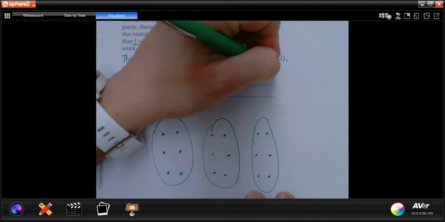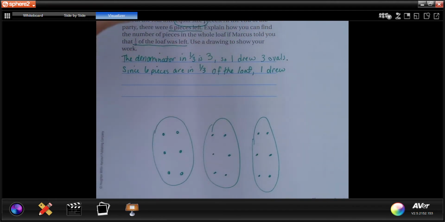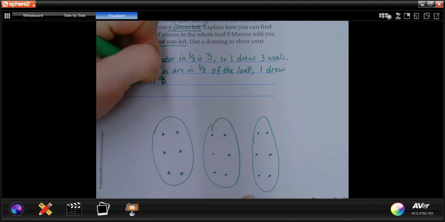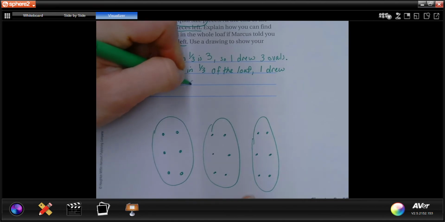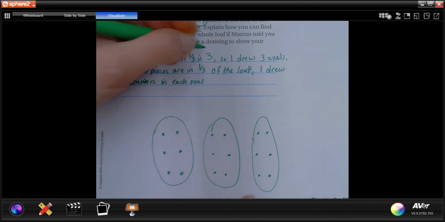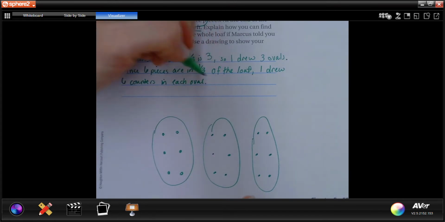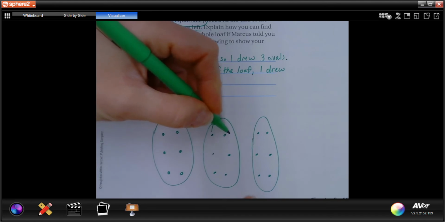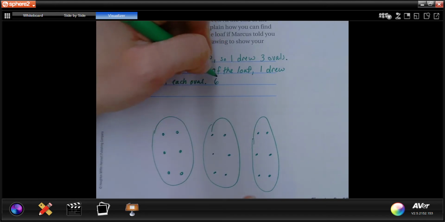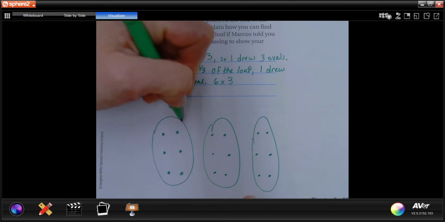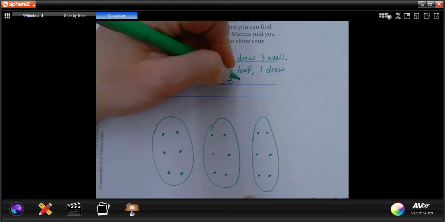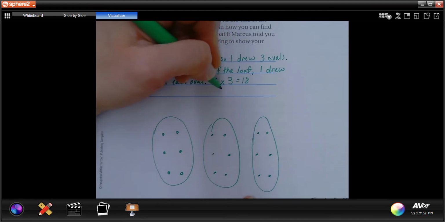I drew 6 counters in each oval. Then that let me know that 6 counters times the 3 groups equals 18.